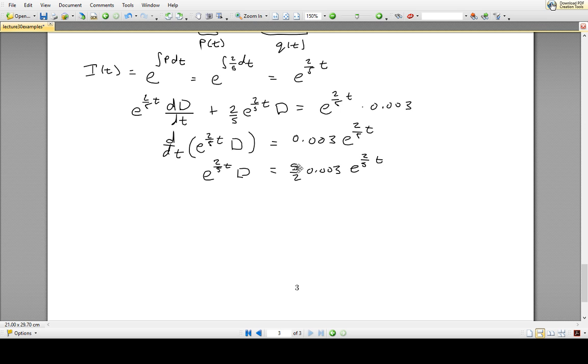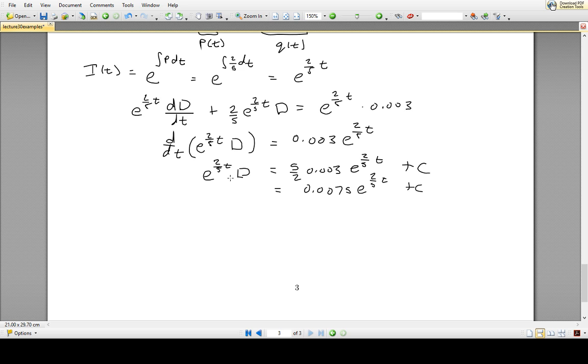And then, of course, each antiderivative comes with a constant, but I'm just going to collect the constants together and put them on the right-hand side. I can simplify the right-hand side. 5 halves times 0.003 is 0.0075 e to the 2/5 t plus a constant.